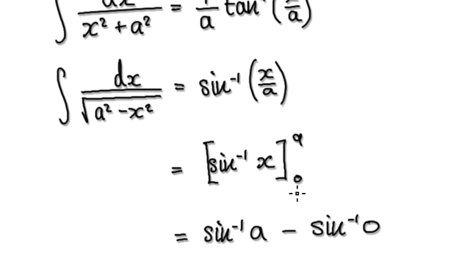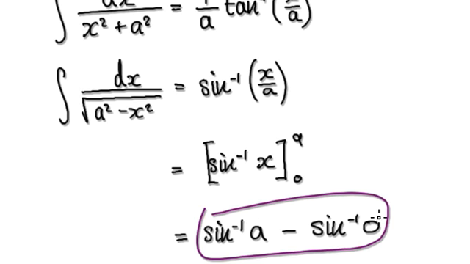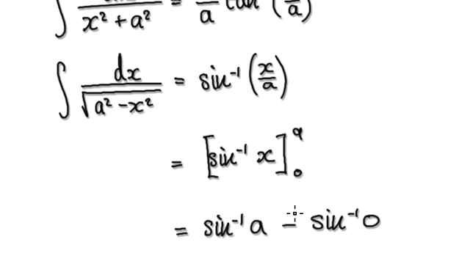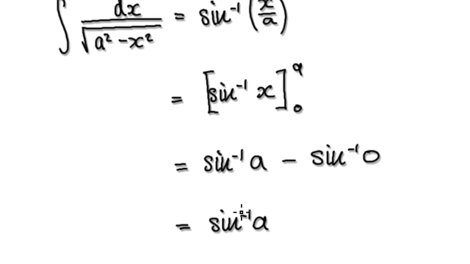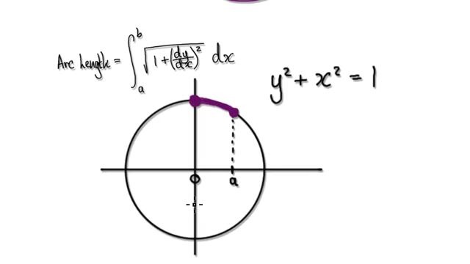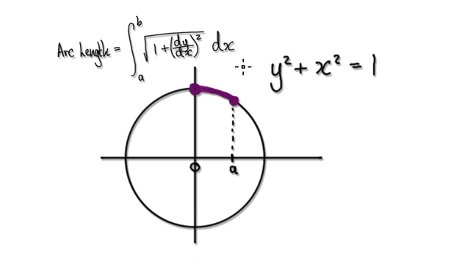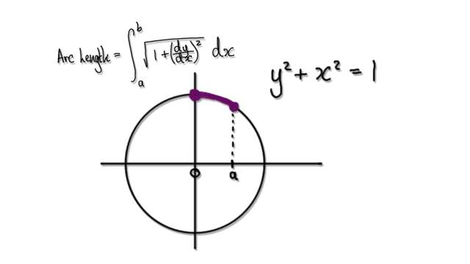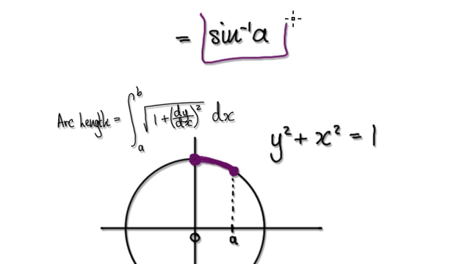So that will take us to here, and then this thing here is 0. So the overall answer is given by this. What that means is that if you look at the diagram, this length here from here to here, the arc length is actually arc sine of a, whatever a may be. Okay, so this here is your final answer.